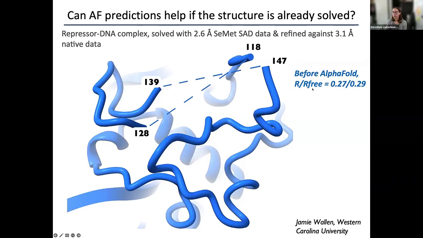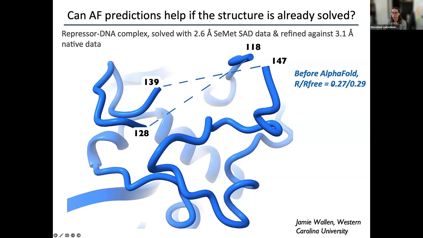Now, at this stage, the agreement between model and data, that's measured in crystallography by something called R and R-free, was 27 and 29%. This value, as opposed to correlation coefficients that you may be used to in cryo-EM, is better if it's low. So this is quite high.